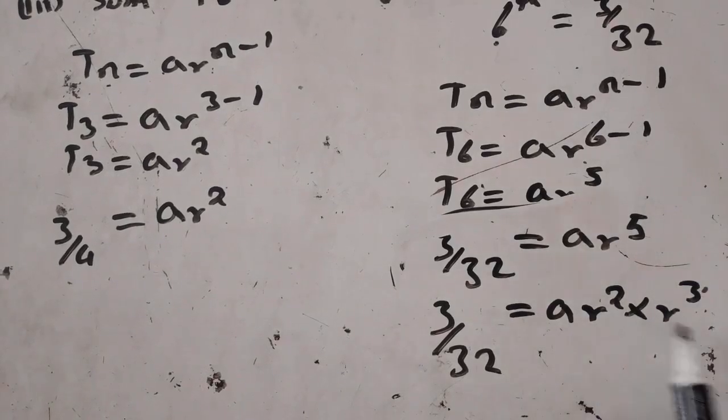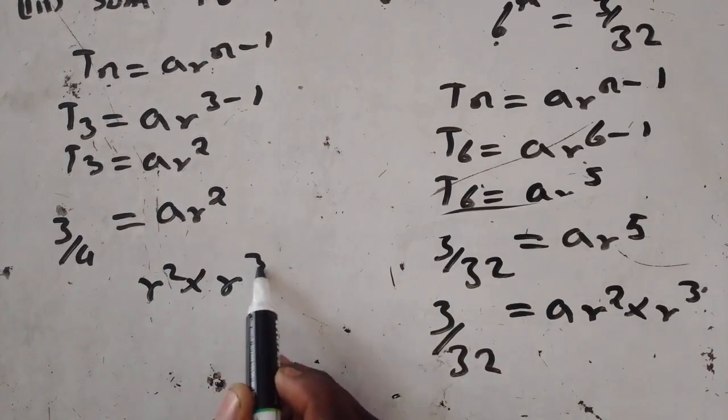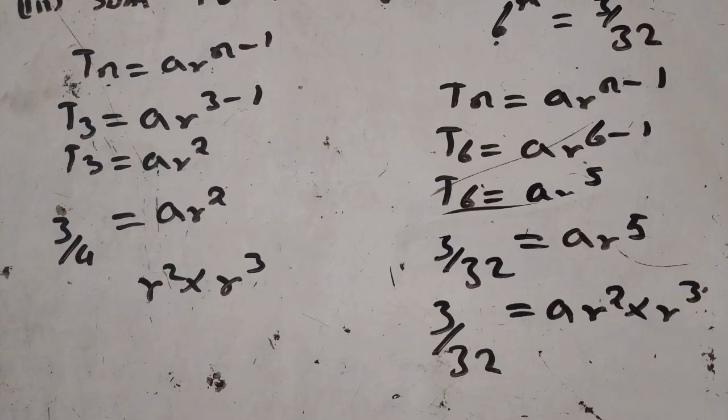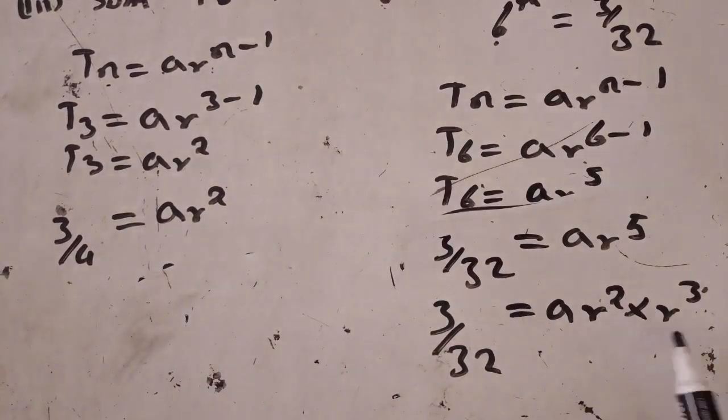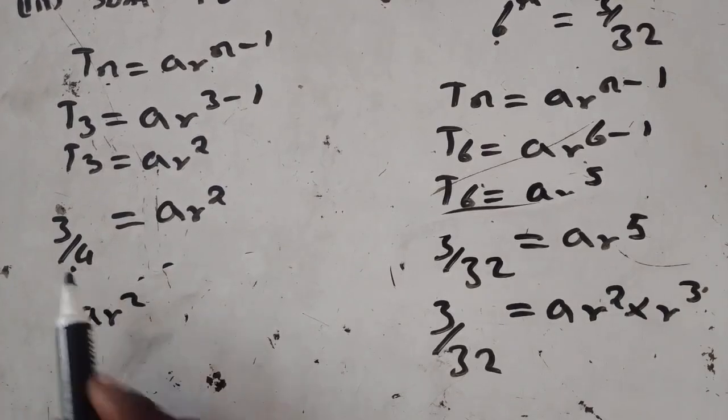Writing it like this is the same, because when we multiply numbers with the same base, we just add the powers: 2 plus 3 gives 5, the same as r to the power 5. And this part, ar squared, is the same as 3 over 4.